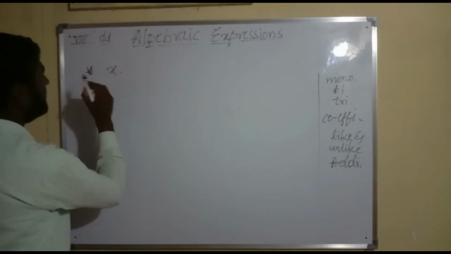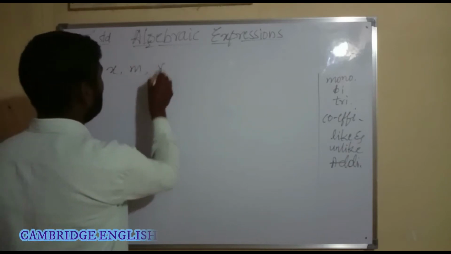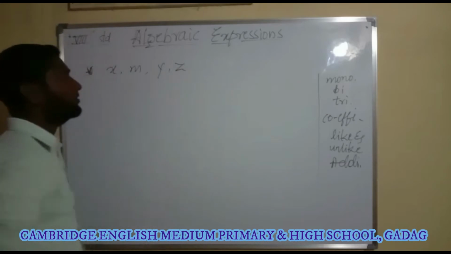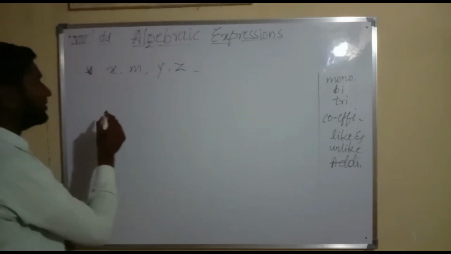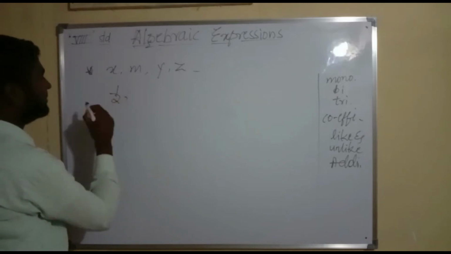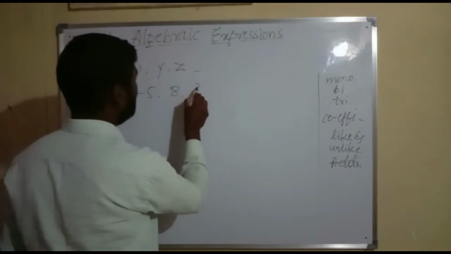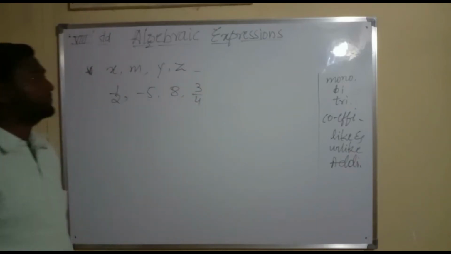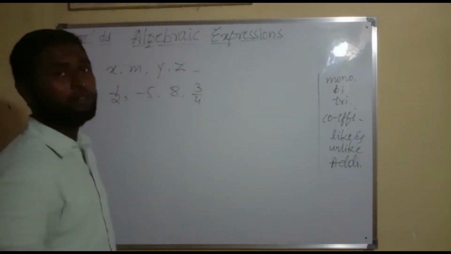We can use x, m, y, z. We will use many alphabets like this in mathematics. Or sometimes we will use numbers, maybe -5, maybe 8 or 3/4, like that. We will use the numbers too, and sometimes we will use the alphabets.